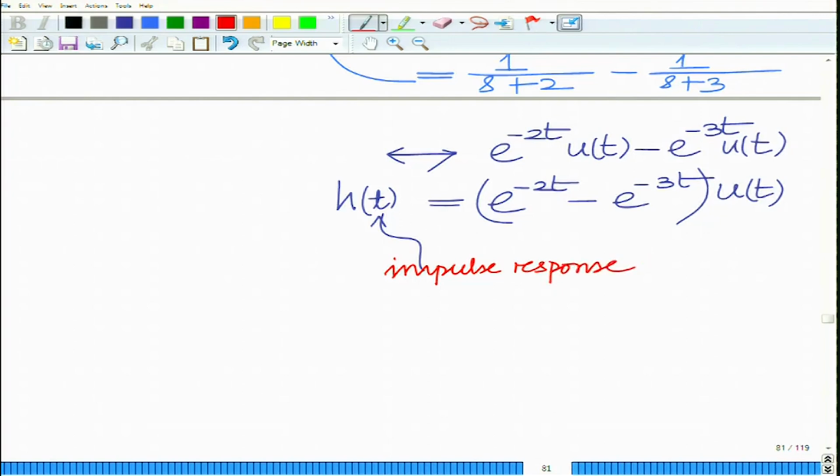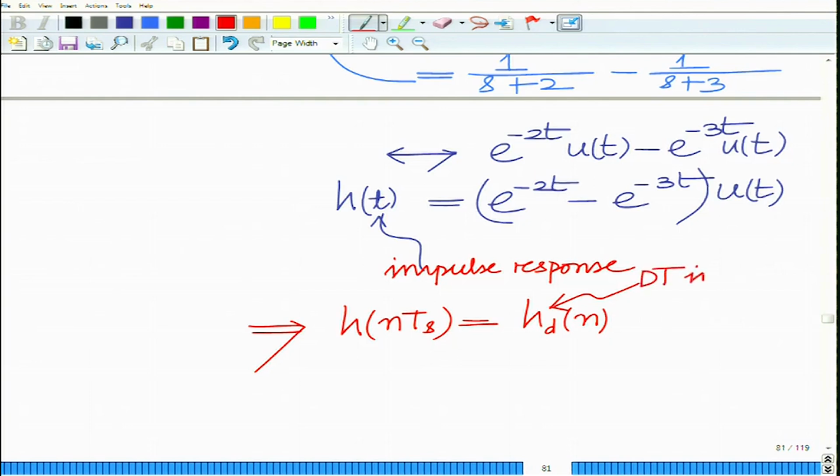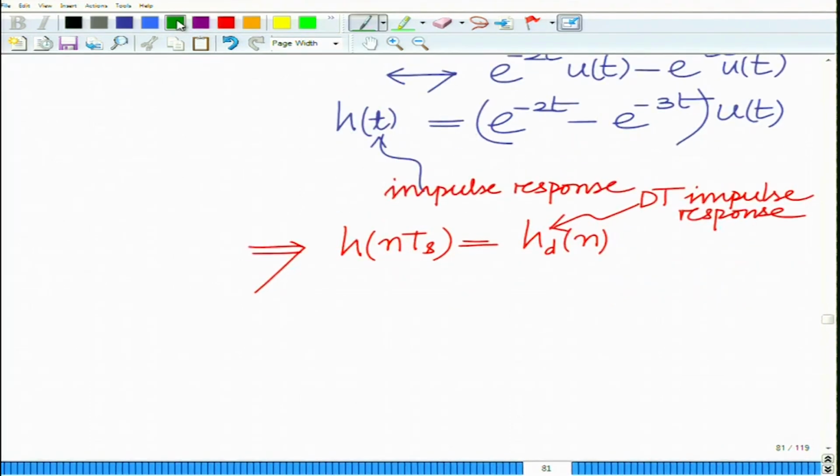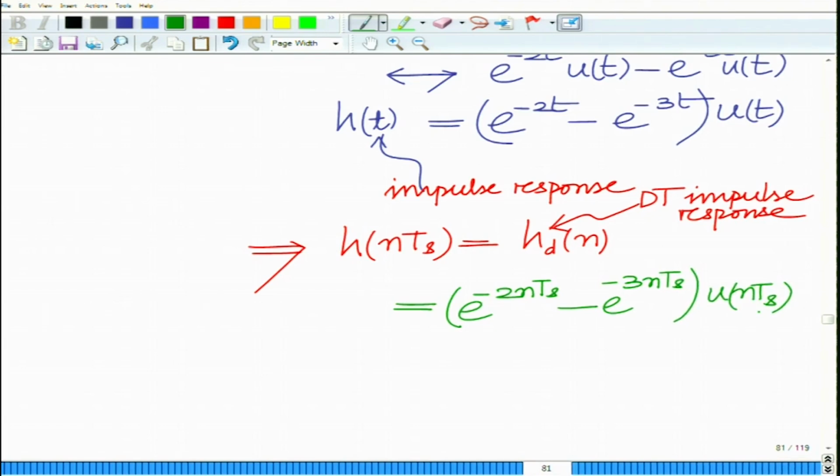Okay, which implies if you sample this at Ts, that is you sample it at n times Ts, that is your nth sample of the discrete time impulse response, that will be equal to e raised to minus 2nTs minus e raised to minus 3nTs u(nTs), which is basically u(n).